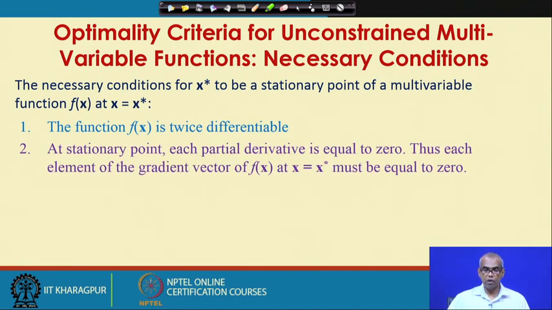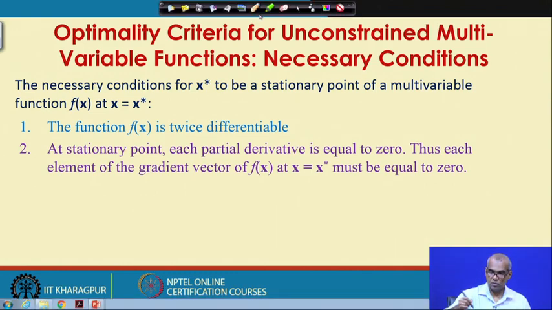At stationary point, each partial derivative is equal to 0. So, this means that gradient evaluated at x equal to x star is equal to 0. Each element of the gradient vector of f x at x equal to x star must be equal to 0. So, it means del f evaluated at x star is equal to 0.